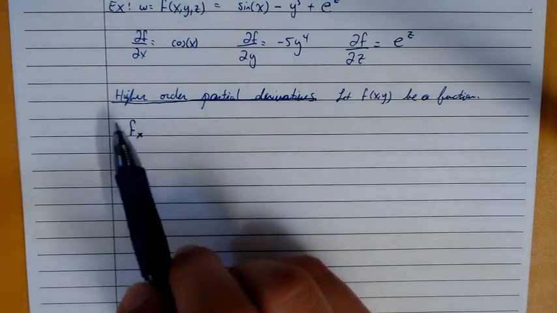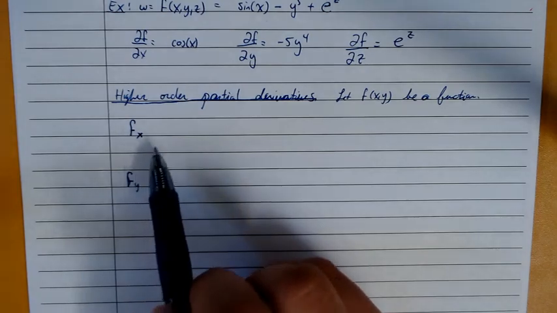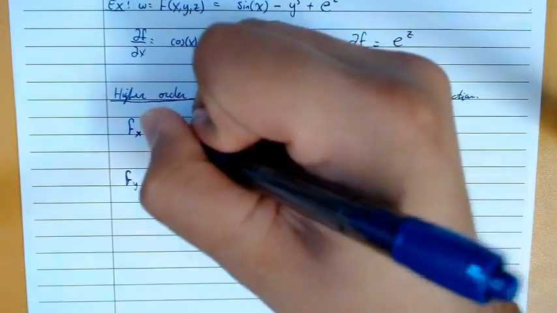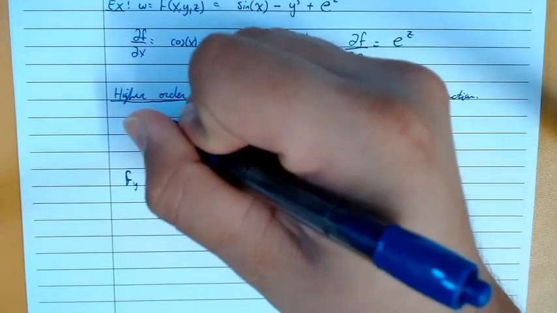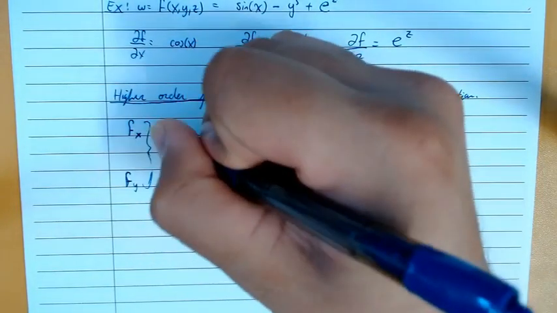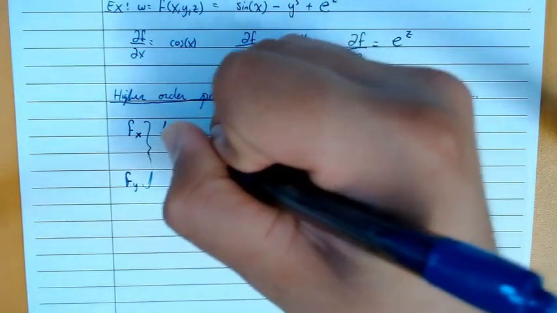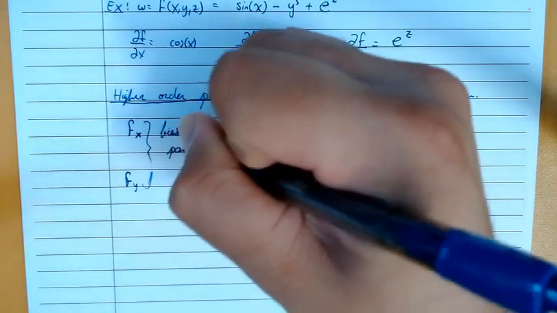This is going to give me some new function. So I could take its derivative with respect to x or y. So these are the first partial derivatives, first order partial derivatives.